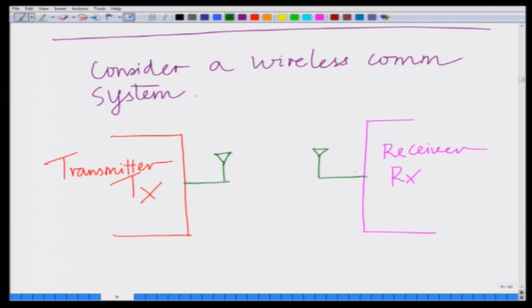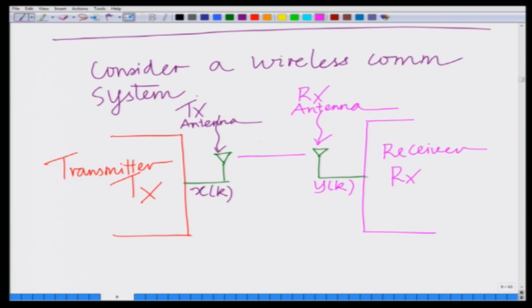We have the receive antenna. So, this is your TX, that is your transmit antenna from which the symbol xk is transmitted at time instant k. You have your receive antenna, that is the Rx antenna, which receives the symbol yk, and the channel between them is denoted by the channel coefficient h.